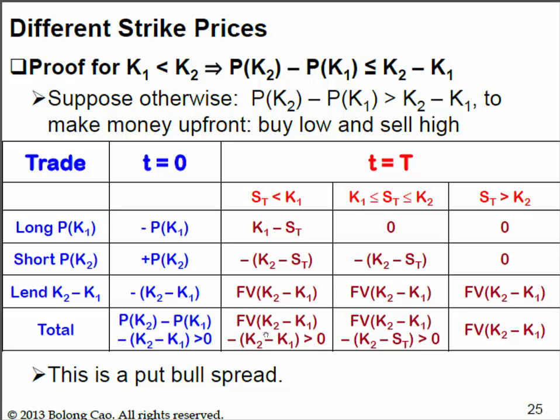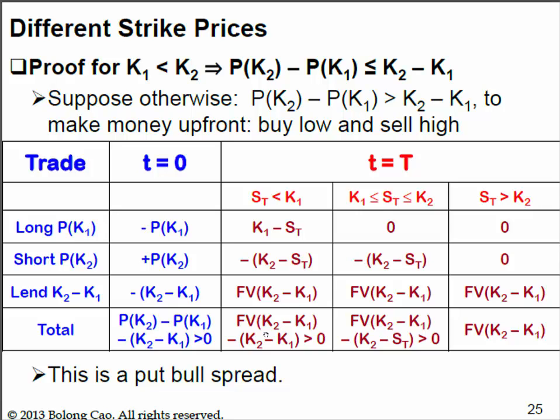So again, both options are in the money. Your long low strike put gives you K1 minus the underlying price at the expiration, and then your short high strike put gives you the negative of K2 minus the underlying price at the expiration, ST. Because you have lent out K2 minus K1 from the start, what you have is the future value.